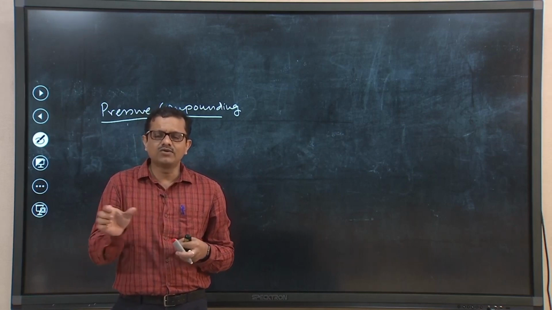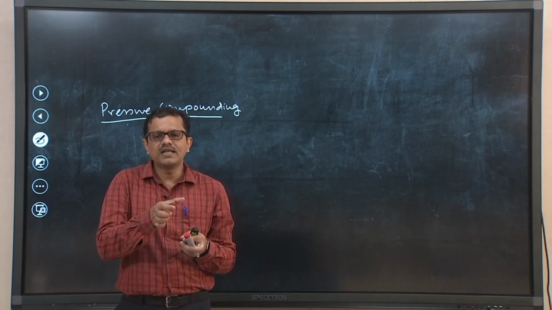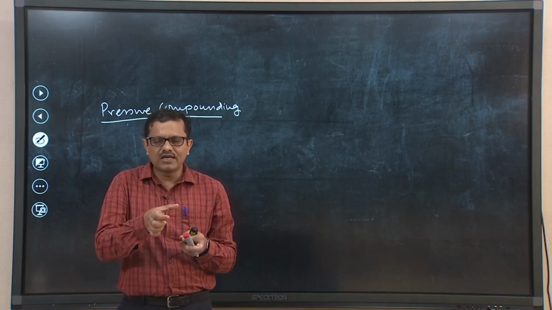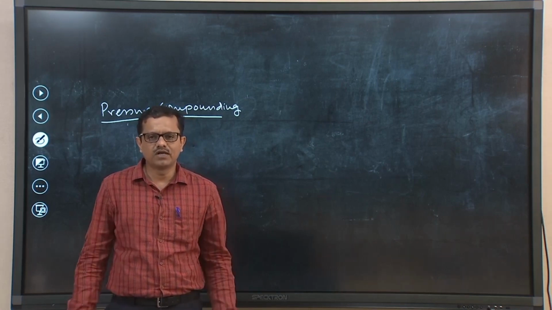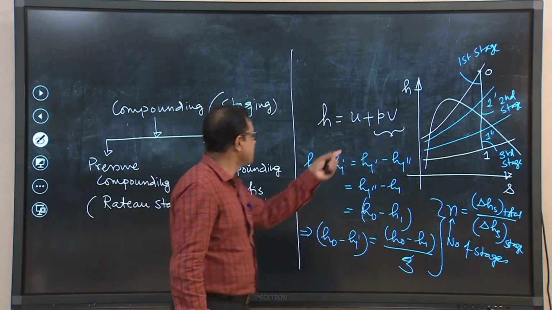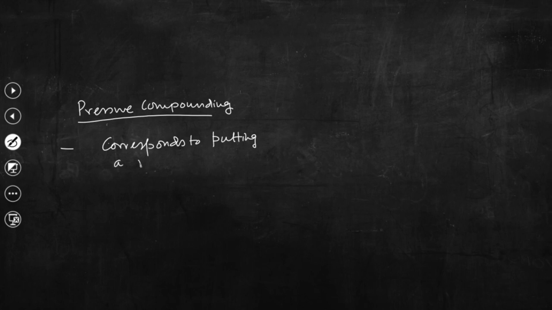That means we will have a total pressure drop, but it will be compounded such that the pressure drop in a given stage can be calculated, and if we multiply the pressure drop in a given stage by the number of stages, that will be the total pressure drop, and that would correspond to the total enthalpy drop.